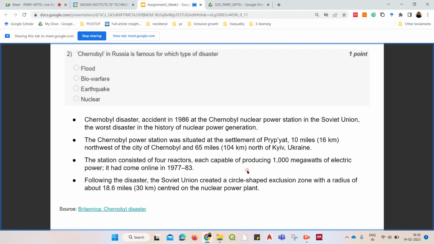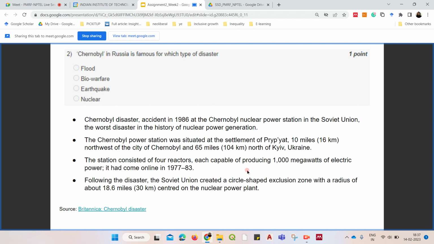And it was the worst disaster in the history of nuclear power generation. So what happened was a nuclear accident occurred at the Chernobyl power station, which was situated at the settlement of Pripyat, which is 10 miles from the city of Chernobyl.